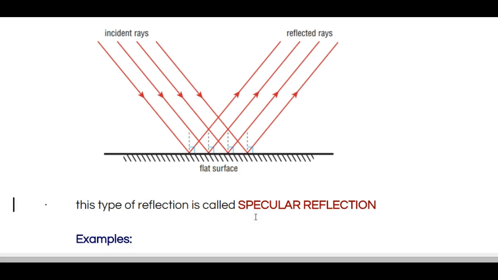Another good example would be if you're out by the lake and it's a really calm night with hardly any wind, then the surface of the water will be smooth enough for you to see your own image. So those are both really good examples of specular reflection that are not caused by a mirror.